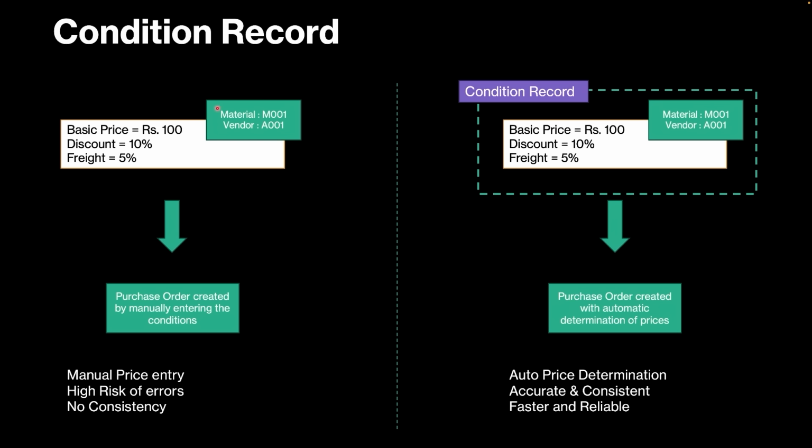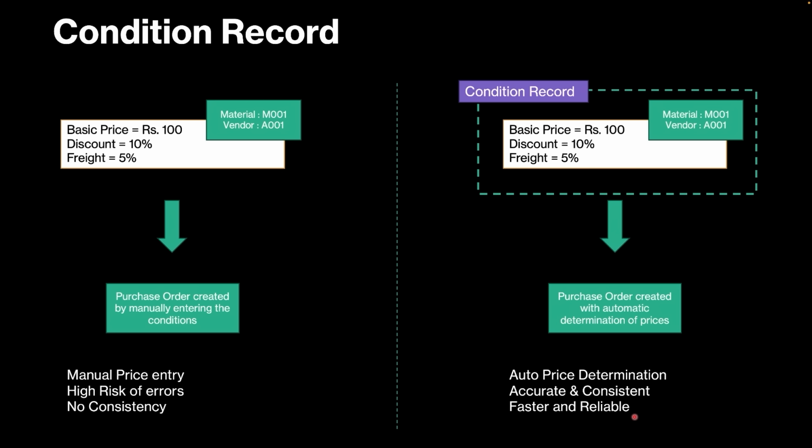So you can see in this particular case where you do not have a condition record, you have a manual price entry, and this may lead to high risk of errors and no consistency. And if you have this condition record, then you will have automatic price determination, and the prices will be accurate and consistent, and the whole process of PO creation will become faster and reliable.